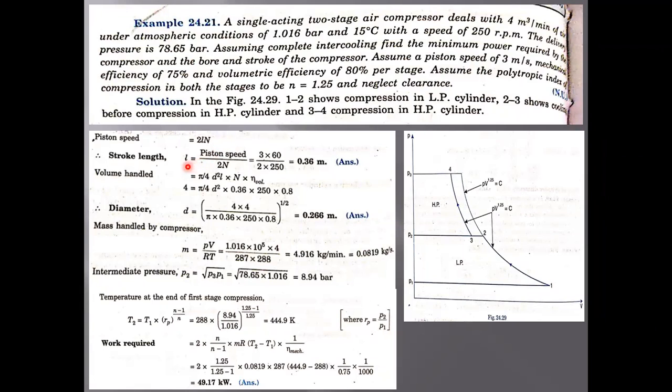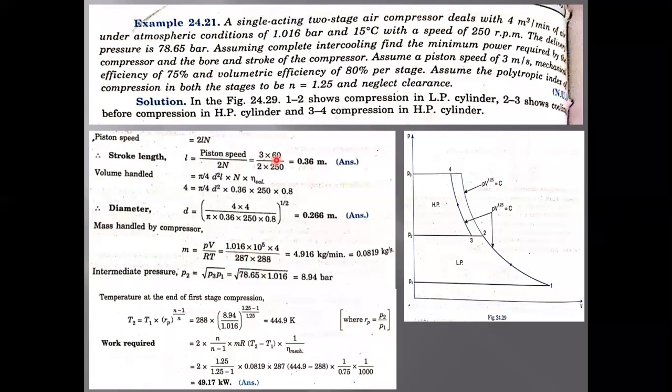We need to find the stroke length. What is 2LN? 2LN is 3 meters per second. So we need to find L, which is the piston speed divided by 2N.